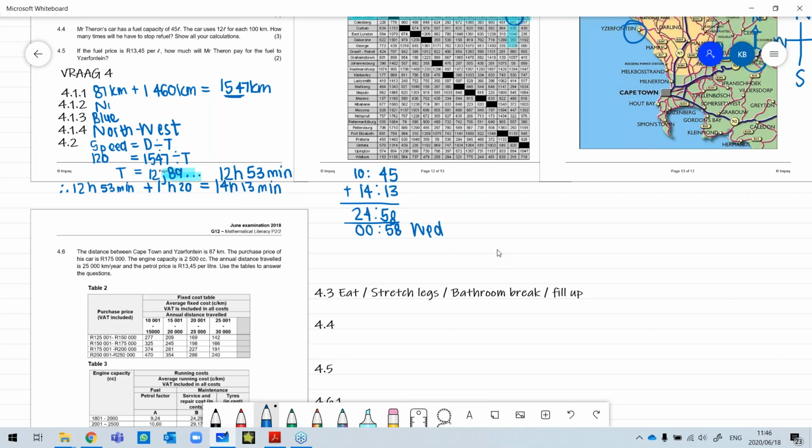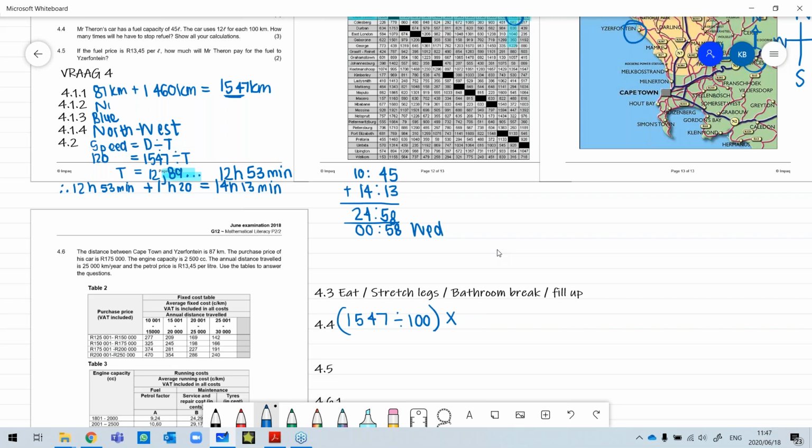Now our first step will be to take the distance. We have our total distance as we've calculated it in question 4.1.1. We divide that by 100, because the car uses 12 liters for each 100 kilometers. So how many hundreds of kilometers fit within 1,547?